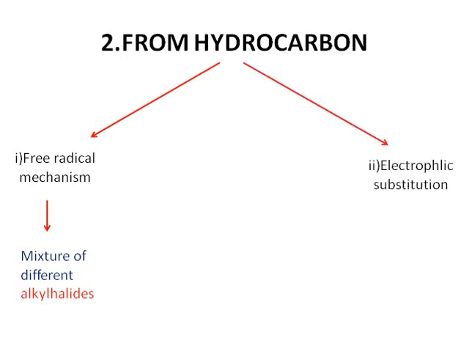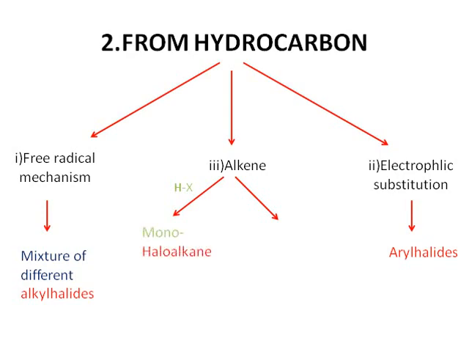Then, by electrophilic substitution of aromatic hydrocarbon, we get the aryl halides. Again, if we take alkene hydrocarbons, we get two types of alkyl halides. If we add hydrogen halide to alkene, we get monohaloalkanes, and if we add halogen to alkene, we get dihaloalkanes.